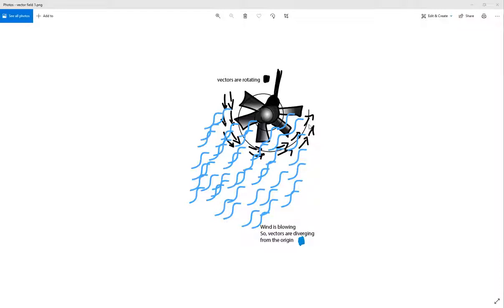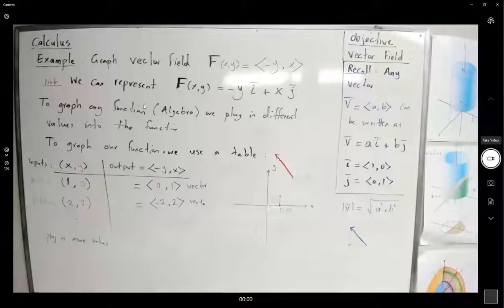You create a vector field, a collection of vectors. In our example here, we start using a function, and this vector function, f of x and y, is defined as negative y and x. And as you saw, the graph is a rotational graph.